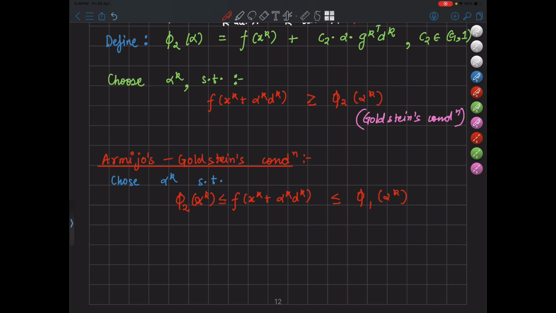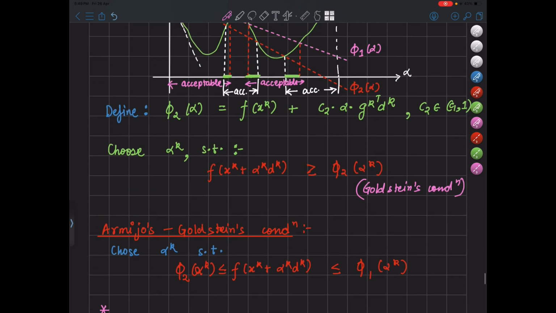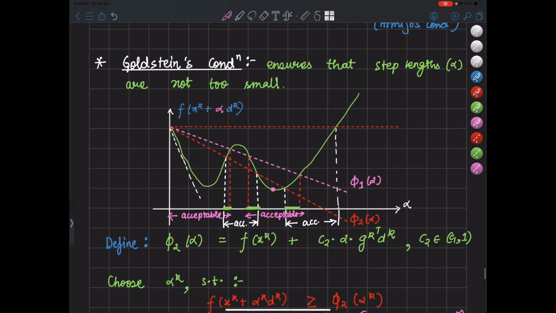If this is followed, we ensure that the step lengths are not very small, and also there is sufficient decrease in f, and hence in inexact line search the algorithm will converge to a local minima. There is one more triviality that you might see, that these are the local minimas of this function for alpha, and this Goldstein condition misses this, keeps the line above. So Goldstein condition misses these local minimas.